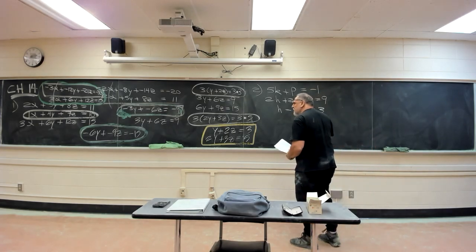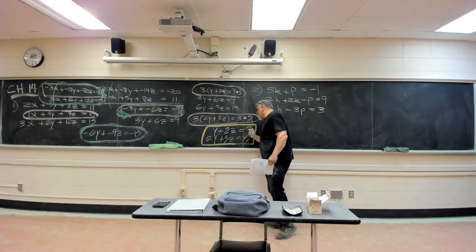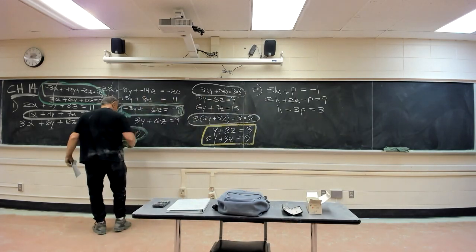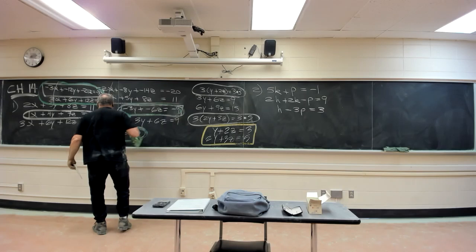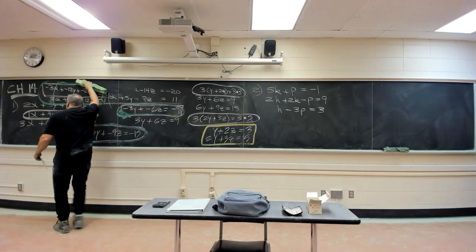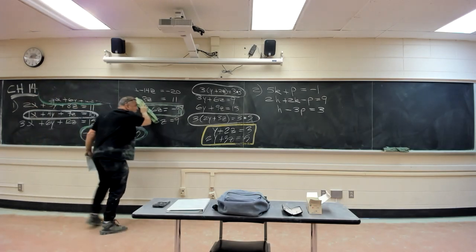Sure, let's just go down the line and make this thing work. Let's make it happen. We got y plus 2z equals 3. We got 2y plus 3z equals 5. So let's see what we got here. Erase a few things here, guys. It's hard to know what you want to erase sometimes.